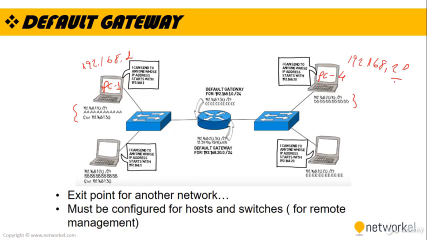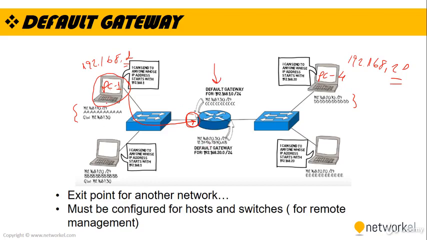I'm going to show you how I calculate these numbers in later sections. Then, because they have different network IDs, if PC1 wants to communicate with PC4, it directly throws the packet to the default gateway, which is the internal interface IP address of this router in the middle.